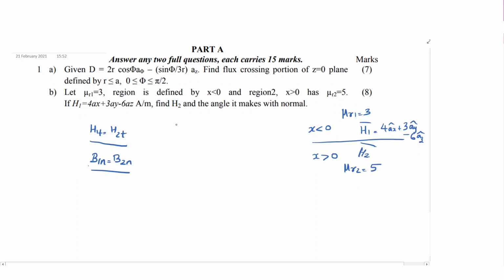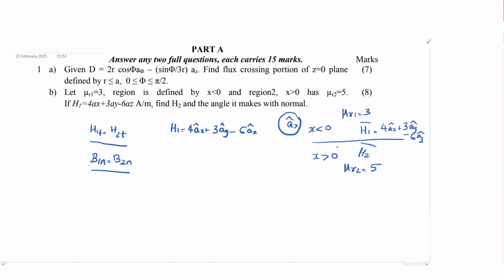Now, what you have is H1. H1 is equal to 4AX plus 3AY minus 6AZ. Here you know that the normal is AX. This is the normal vector because the boundary is separated by x less than 0 and x greater than 0.